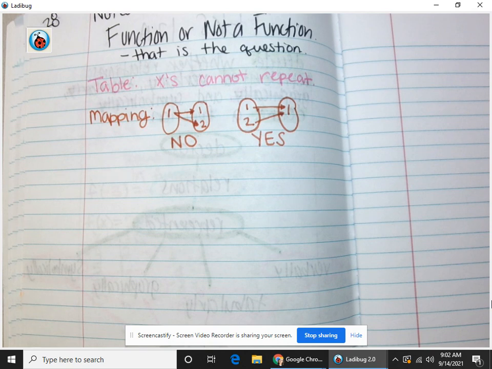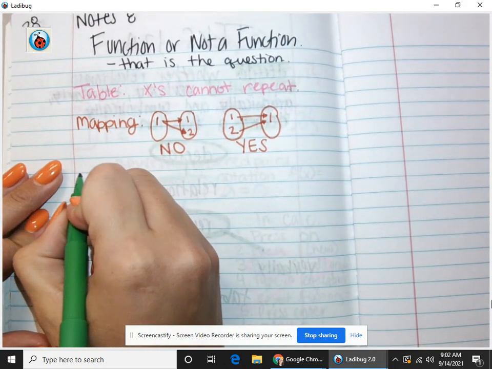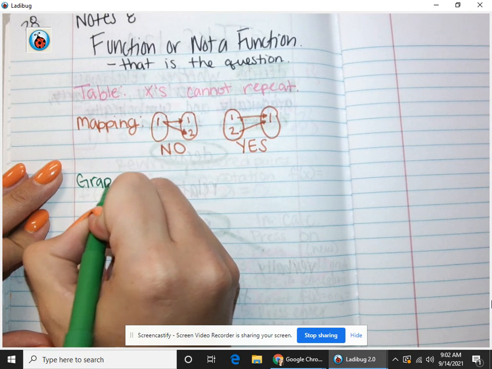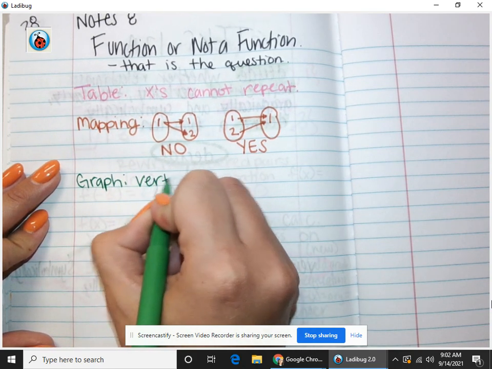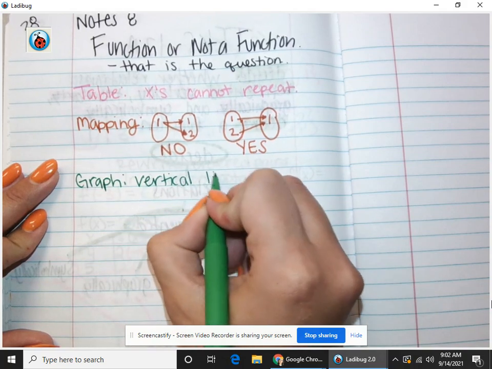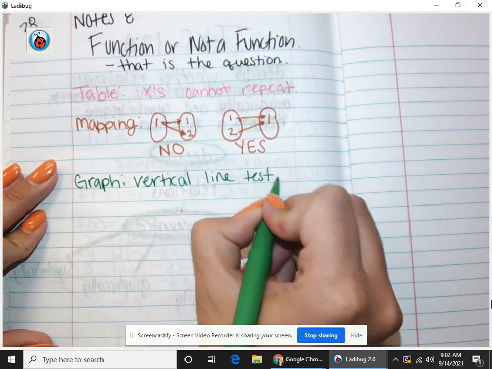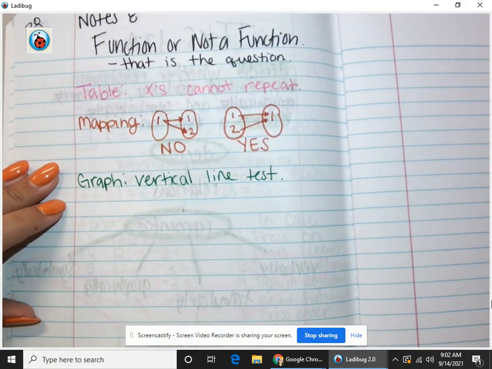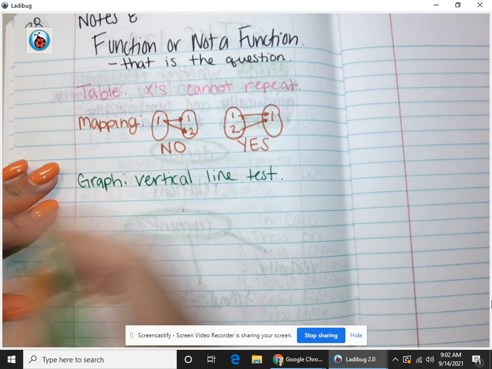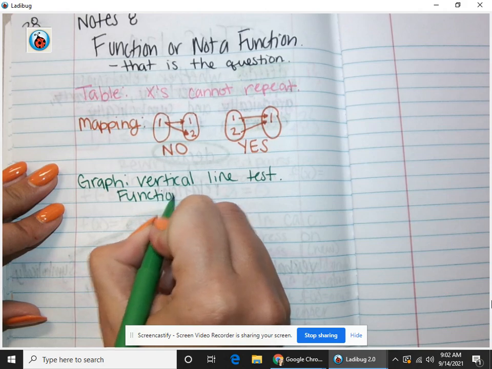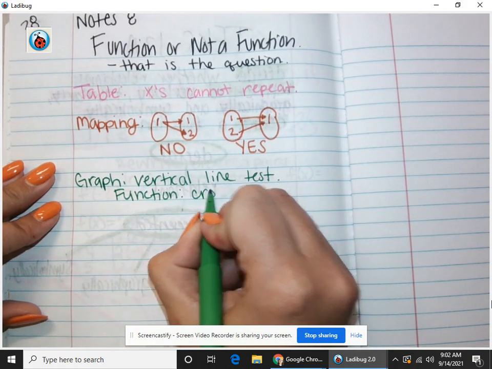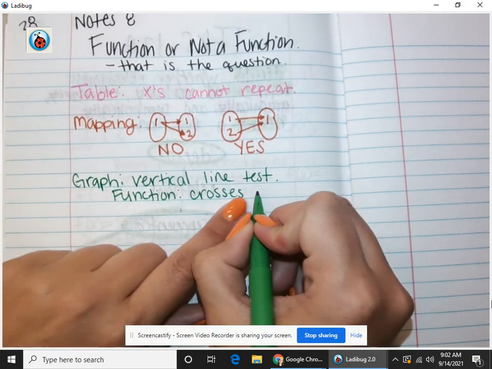Okay, then we have from a graph. And you've got the vertical line test. Basically, it's a function if it crosses only once.